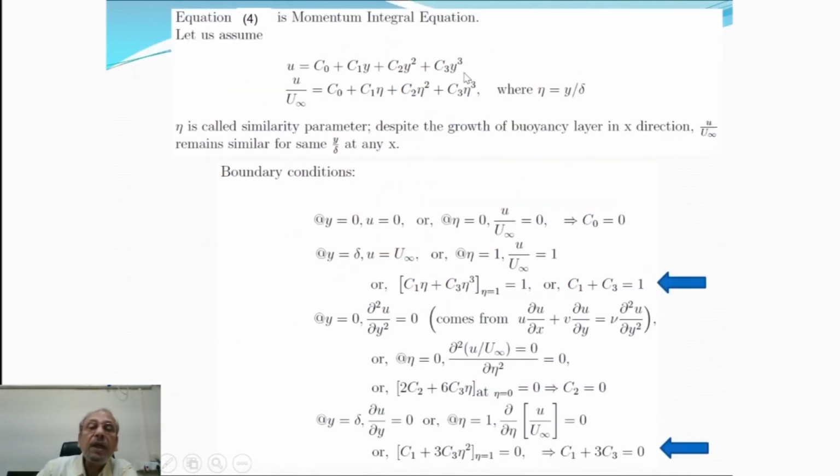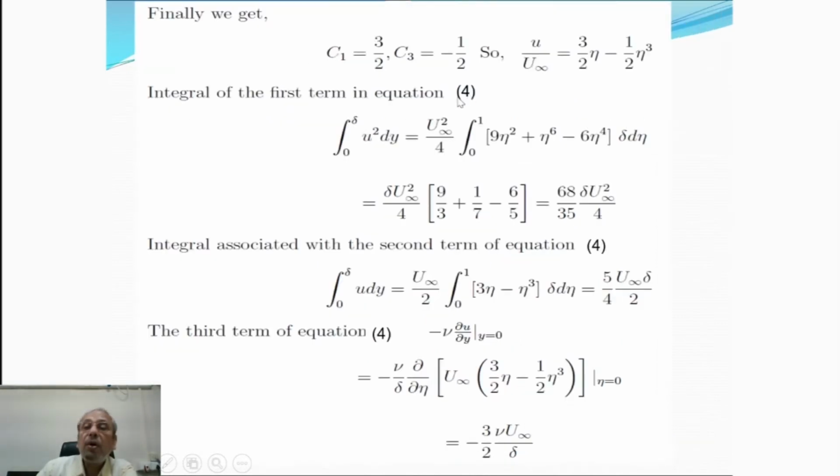So in our velocity profile, u by U infinity, C0 is 0, C1 is 3 by 2, C2 is 0, and C3 is minus half. So it becomes 3 by 2 eta minus half eta cube. So we get u by U infinity equal to 3 by 2 eta minus half eta cube.